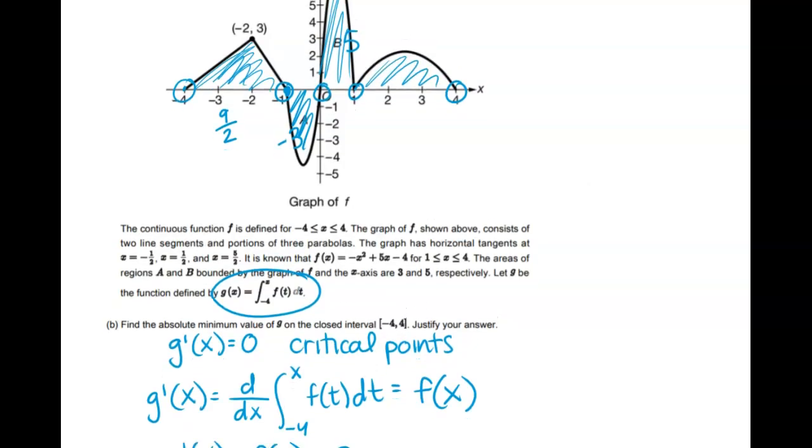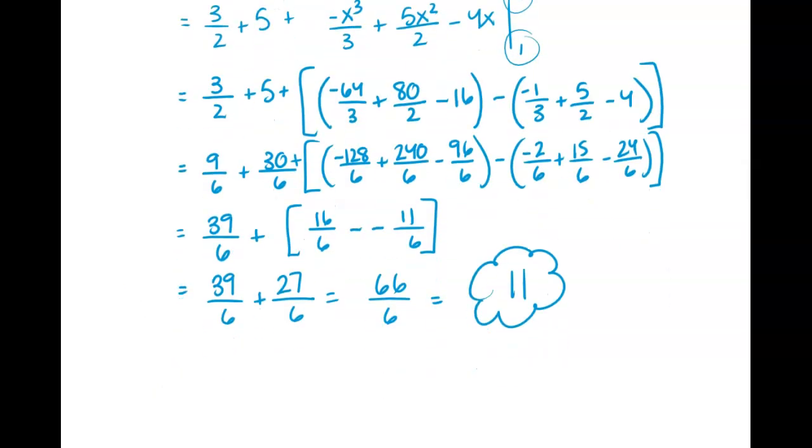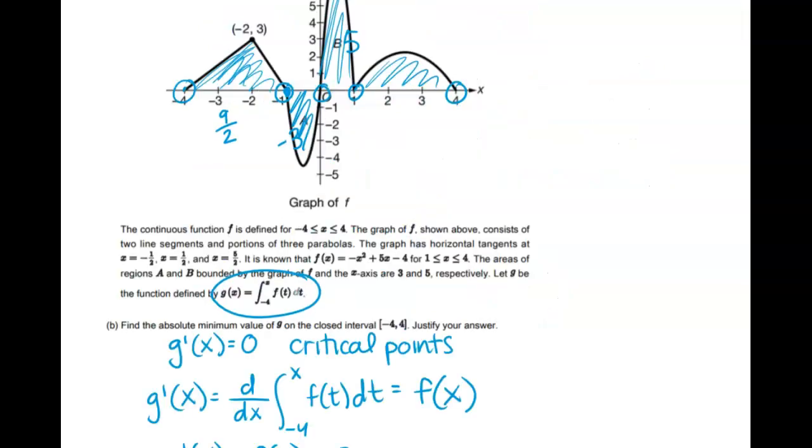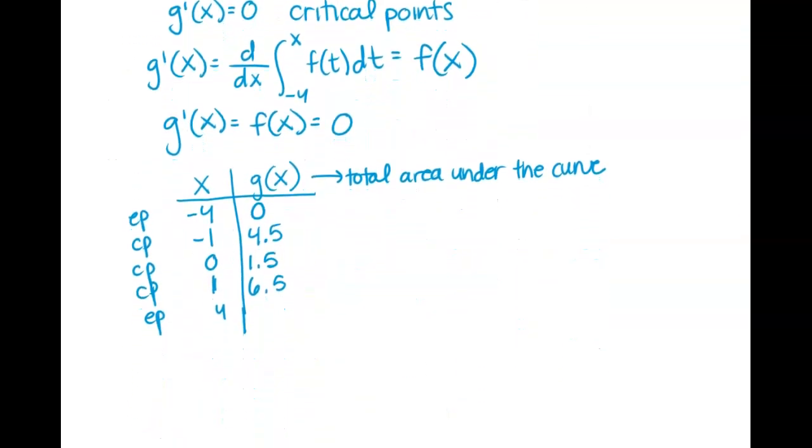If we go back to that integral, that was 27 over 6 over 9 halves, which was 4.5. If we add 4.5 to 6.5, we get 11.